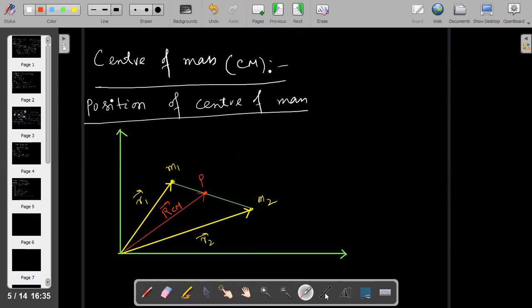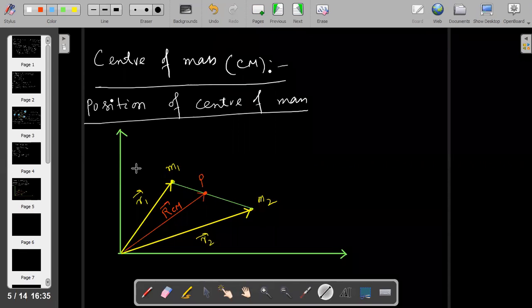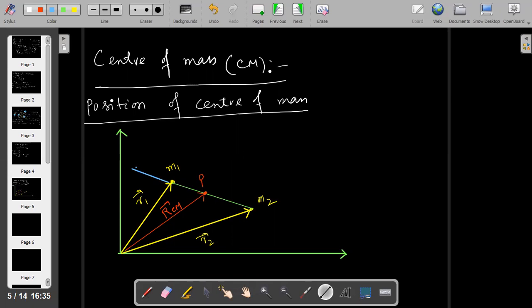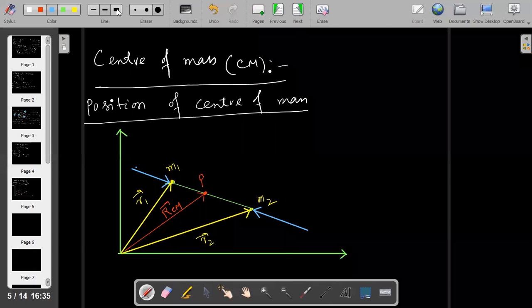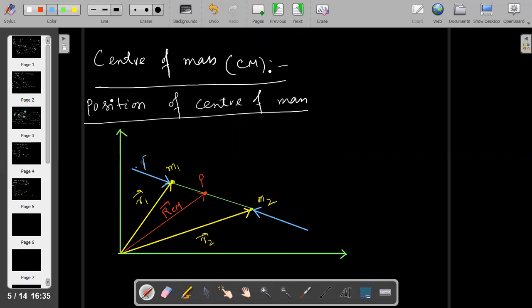The first force F1 is along this direction and the second force is F2. F1 is acting on M1 and F2 is acting on M2.